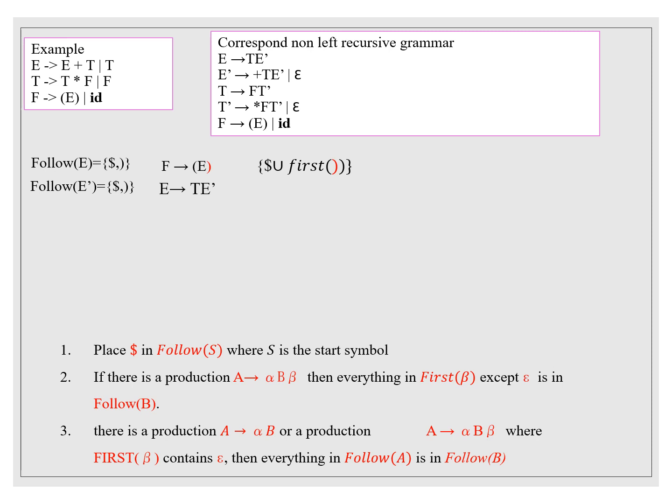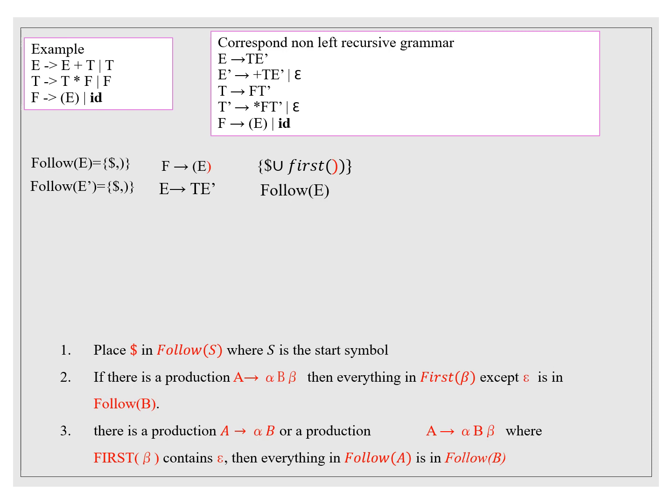Hence, according to rule 3, first case, A derives alpha B. In the algorithm, go to the first case, A derives alpha B. The same format, right? E derives T E dash. Then what is follow of B? Follow of B is follow of A. So what is follow of E dash here? Follow of E dash is follow of E. Therefore, we are copying the same thing. Clear?